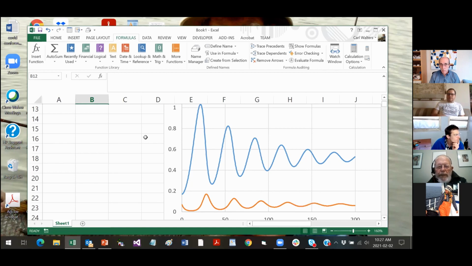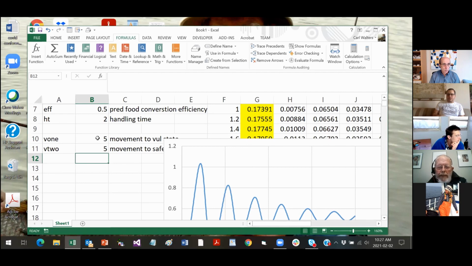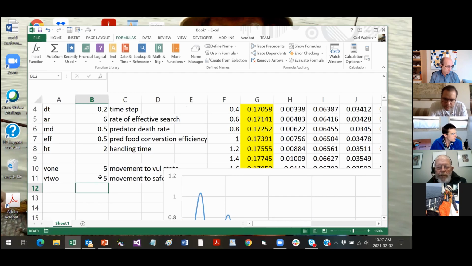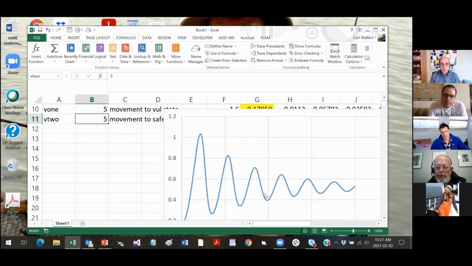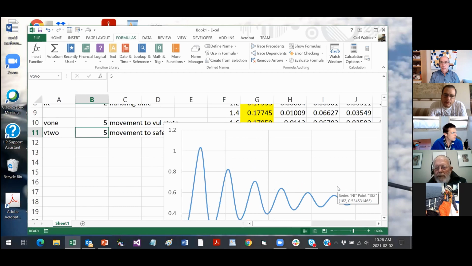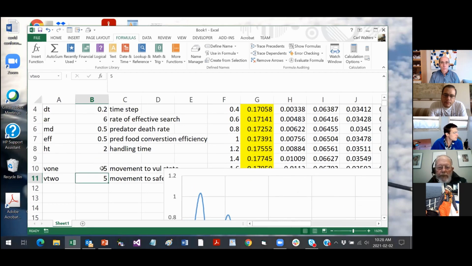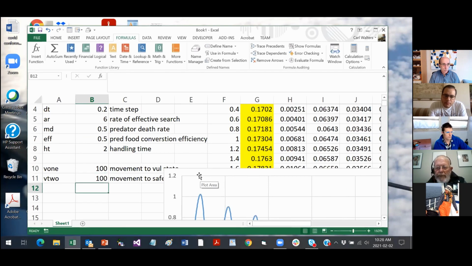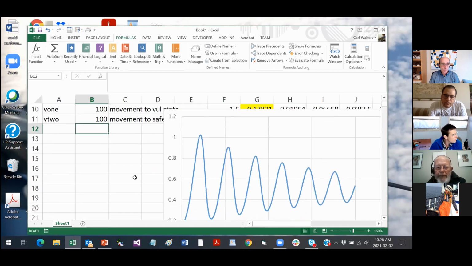It was this idea that even weak movement, behavioral changes in prey to move back and forth between vulnerable and invulnerable states has a profound effect on the basic stability properties of predator-prey interactions, components in ecosystems. Put it back to 100 here. Okay.